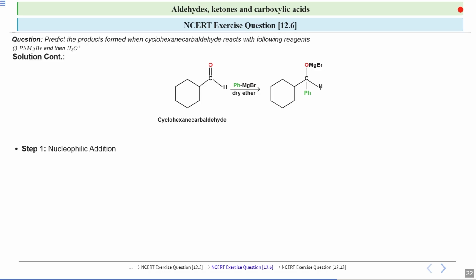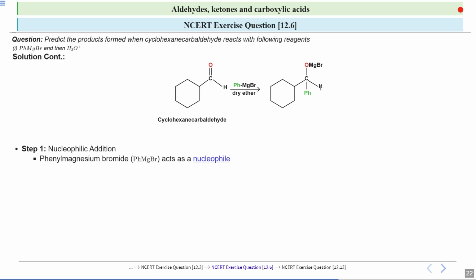In the first step, there is nucleophilic addition. That means a nucleophile, which is an electron-rich species, will attack an electrophile, which is an electron-deficient species. Now, I think you must already know what is acting as the nucleophile over here. Phenyl magnesium bromide acts as a nucleophile.